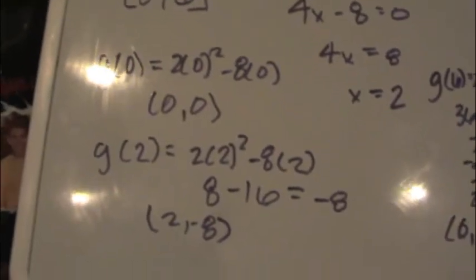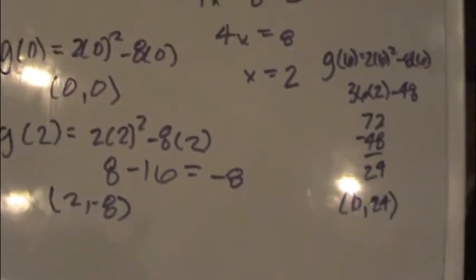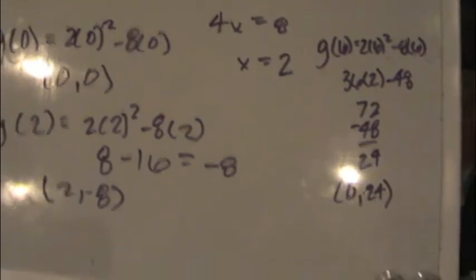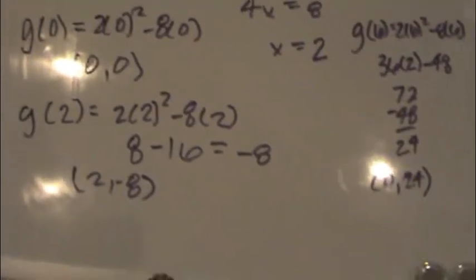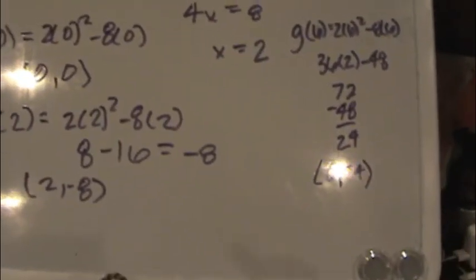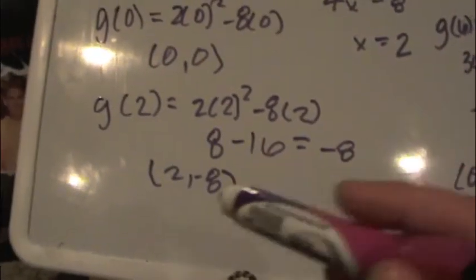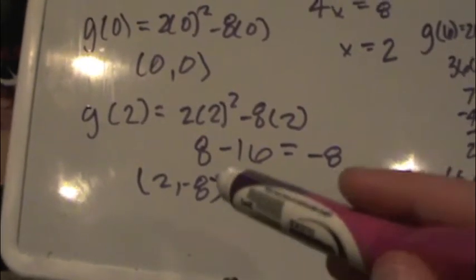All right, so now let's look at these coordinates. We have (0, 0), (2, -8), and (6, 24). So let's look for our absolute minimum and our absolute maximum. To do this, we look at the y values. We look for the lowest y value first, and we see that negative 8 is our lowest y value out of negative 8, 0, and 24.